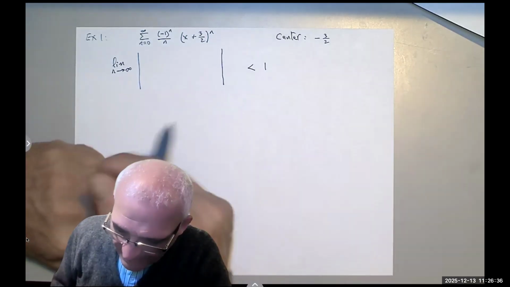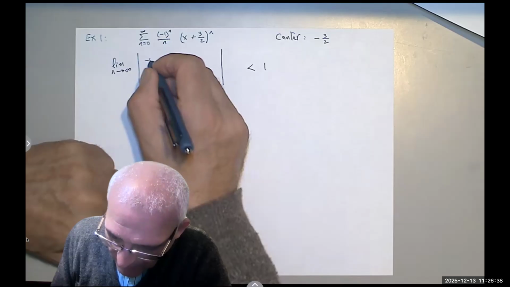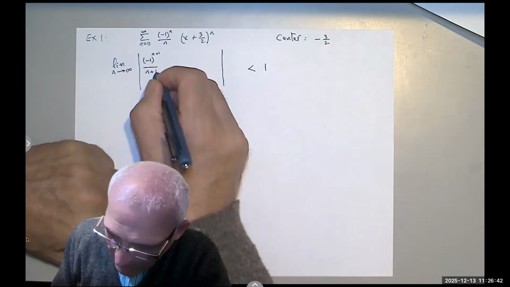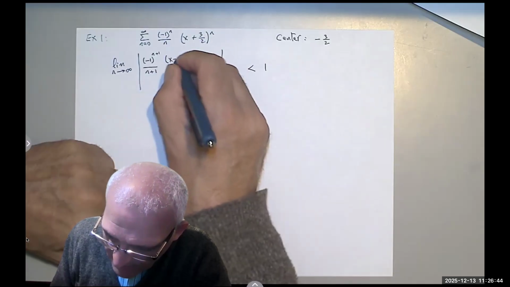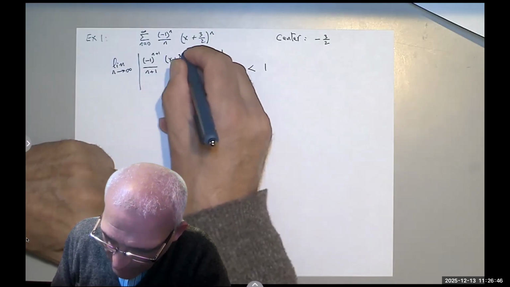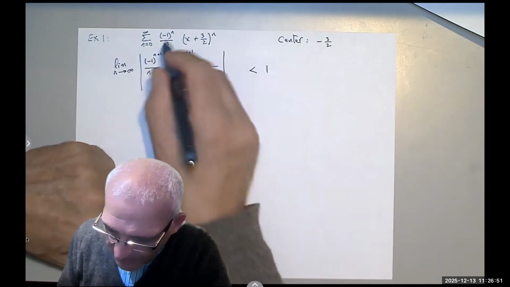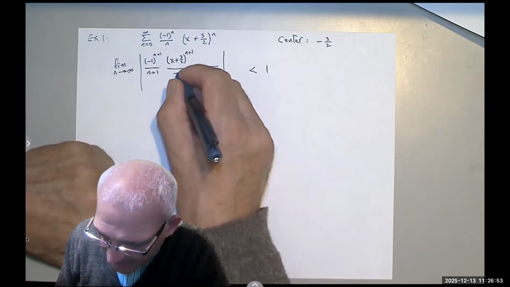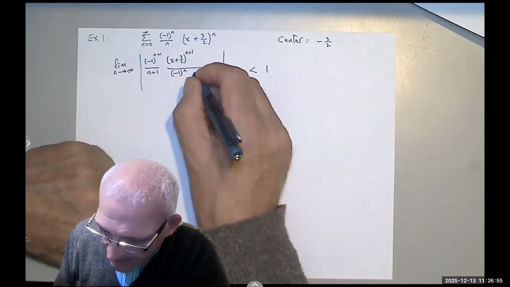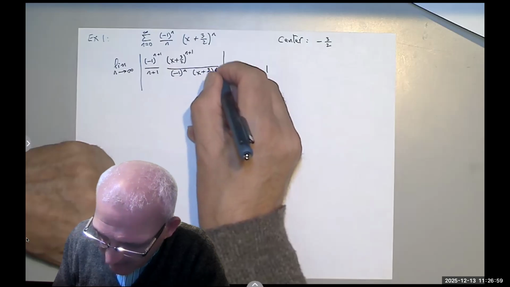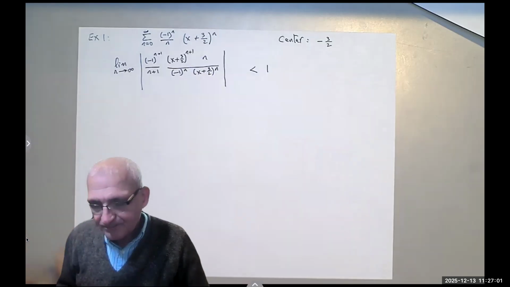Okay, so let's do that. -1 to the n plus 1 over n plus 1 times x plus 3/2 to the n plus 1. And then we divide by the current function, which is -1 to the n, x plus 3/2 to the n over n.